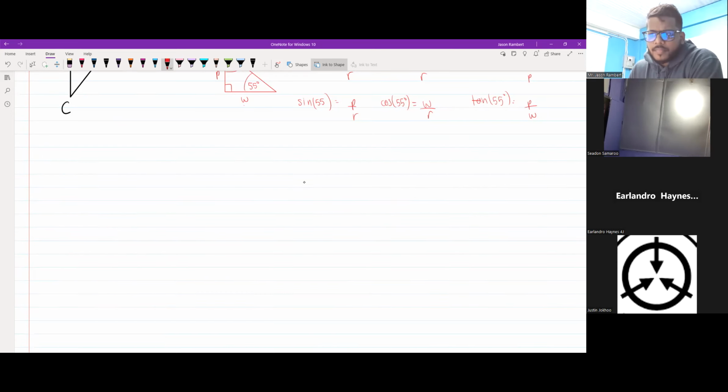Every single time you're going to have something that looks like some trig ratio. So I'm going to put trig is equal to something over something. So it's either sine, cosine, or tan is equal to some fraction.